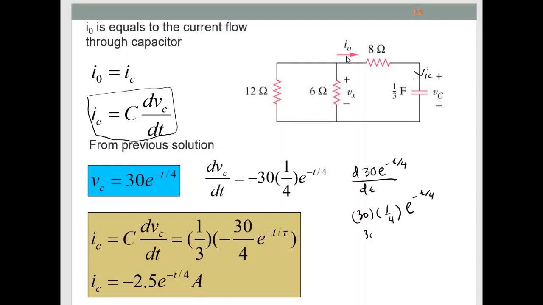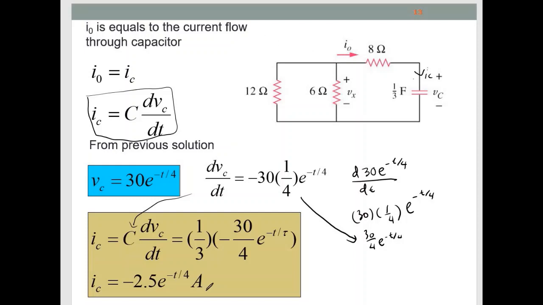That's why you will get 30 over 4 here, e negative t over 4. This is the same as this one. And then once you successfully do the differentiation of dVc over dt, multiply it with C, the capacitor, and finally we get the same answer, which is negative 2.5 e negative t over 4.